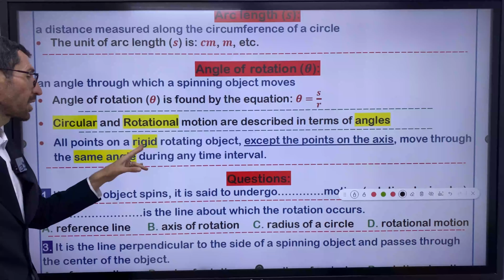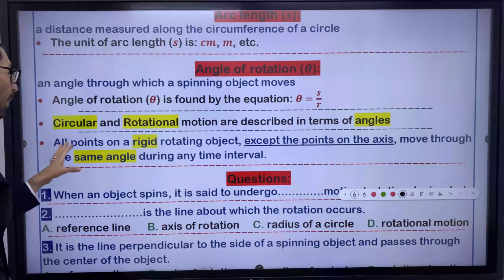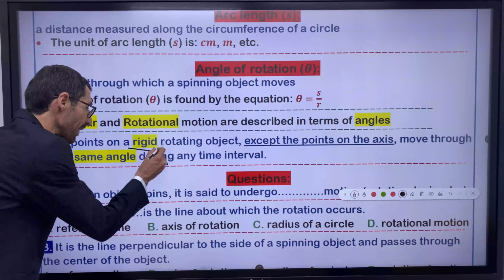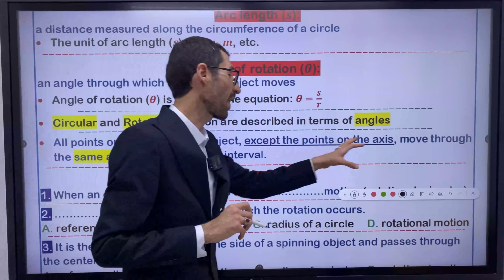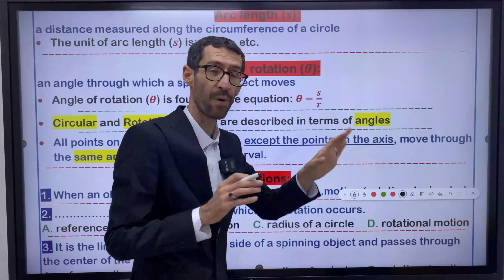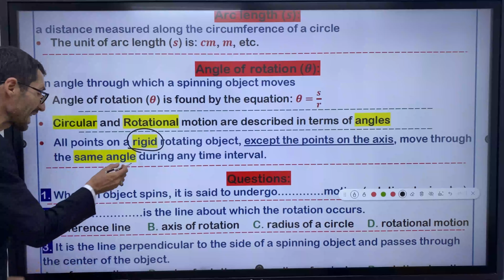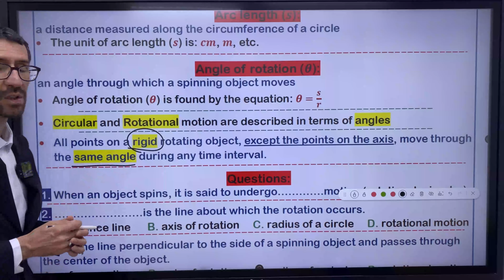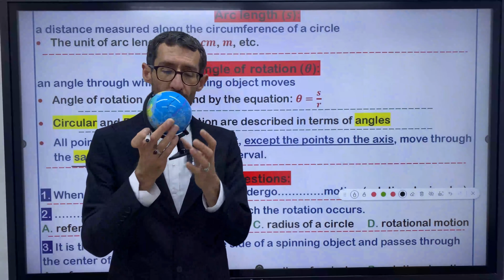All points on a rigid rotating object, this is another note. All points on a rigid rotating object, except the points on the axis, move through the same angle during any time interval. What does it mean? For example, Earth is a rigid rotating object, right?